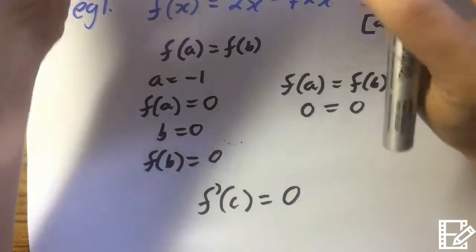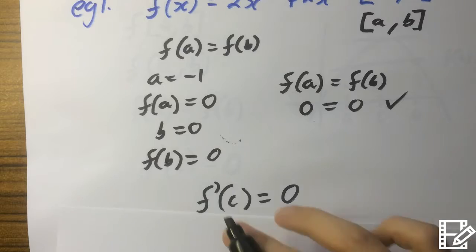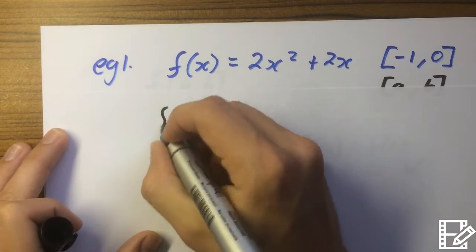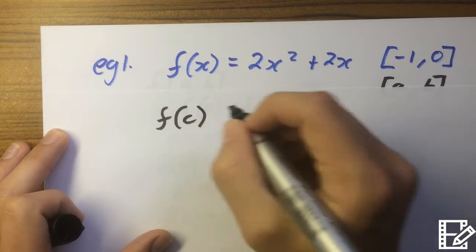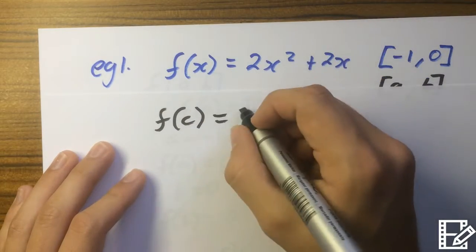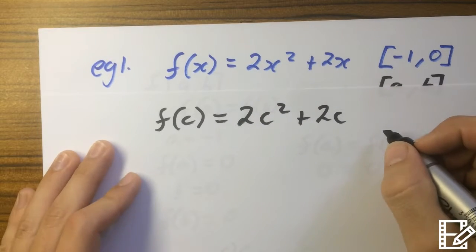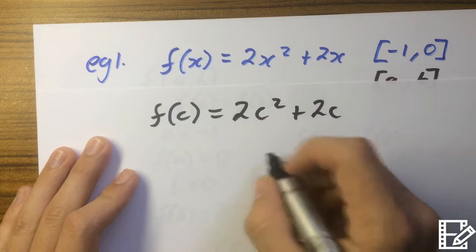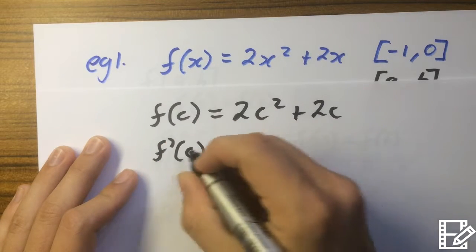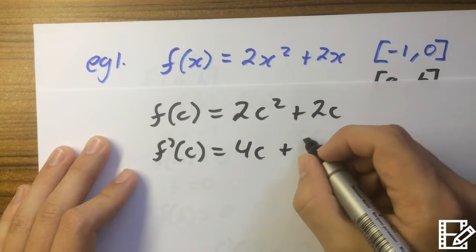Well, basically, we got to find a function of c, and the function of c is the same as the original function, except we just replace all the x's with c's. So you have 2c squared plus 2c. Okay, and now we're going to derive that, and we get derivative equals 4c plus 2.